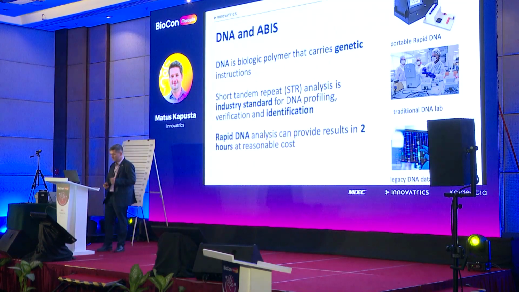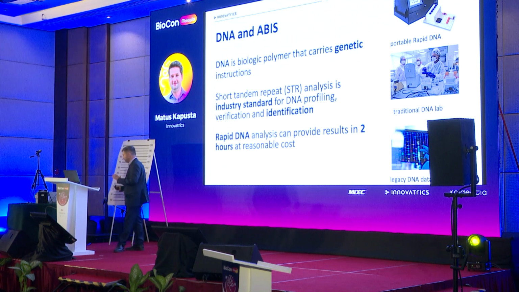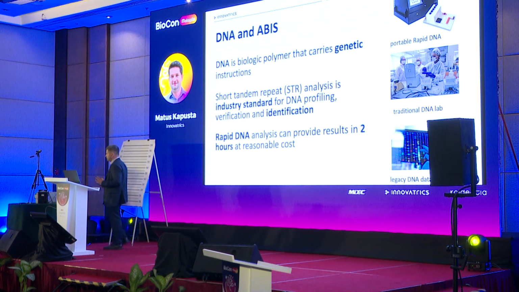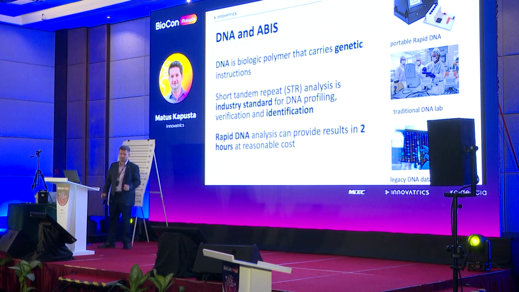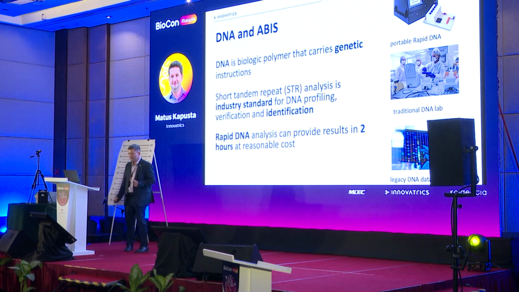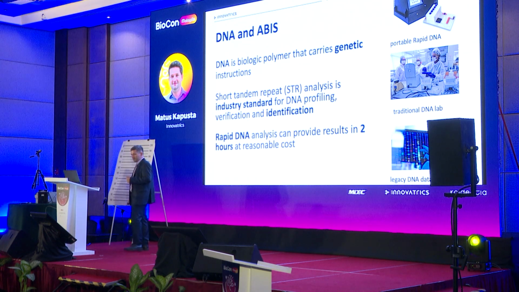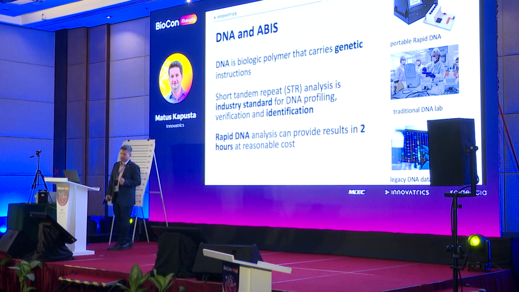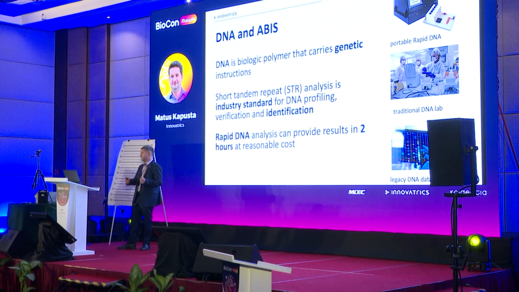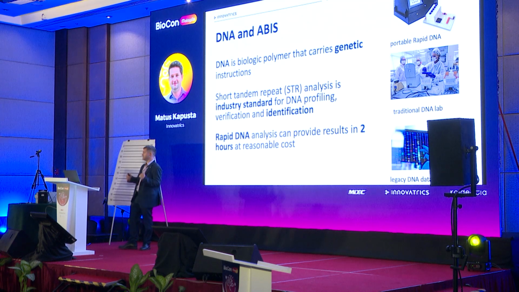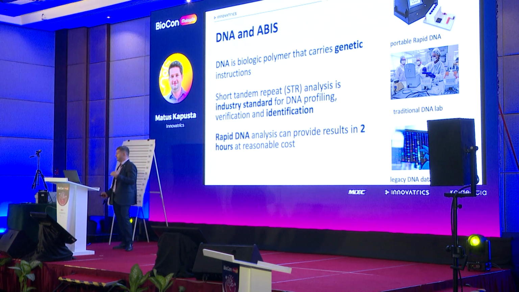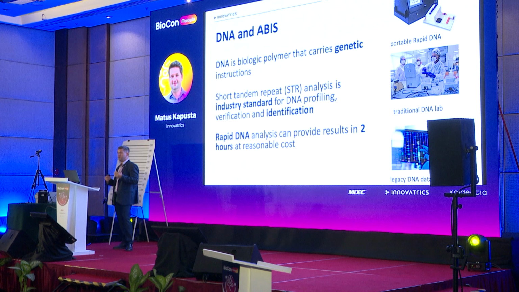Thank you. The last part that I would like to show you is the DNA and ABIS. What is DNA? DNA is a biologic polymer that carries genetic instruction. But that's one thing. The second thing is that we can use DNA to identify a person in a very unique way.